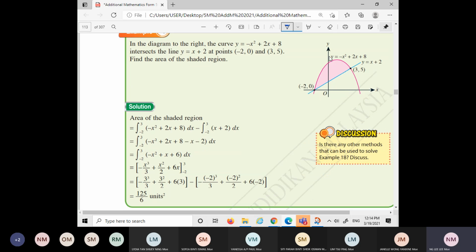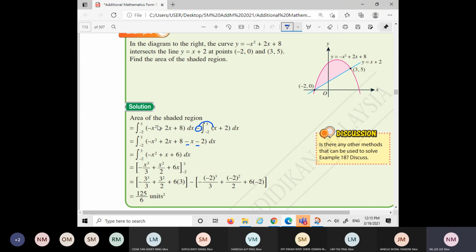Same thing: now you see which one is on top of the other. The curve is on top of the straight line. Therefore, you use the curve minus the straight line. Then you can combine them together. Remember, this is minus, therefore when you bring it in, it becomes negative x and negative 2.